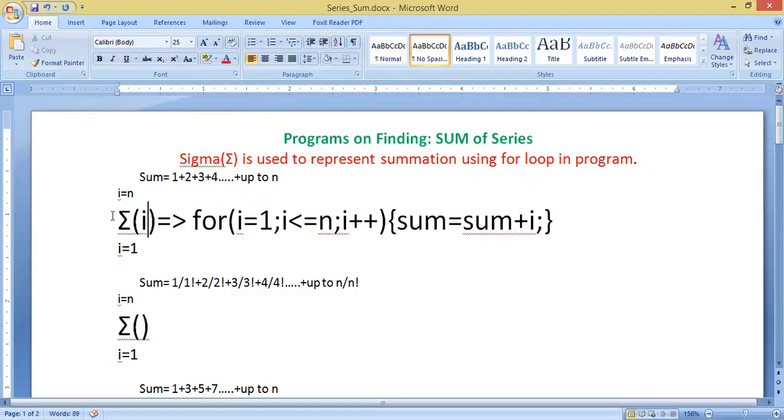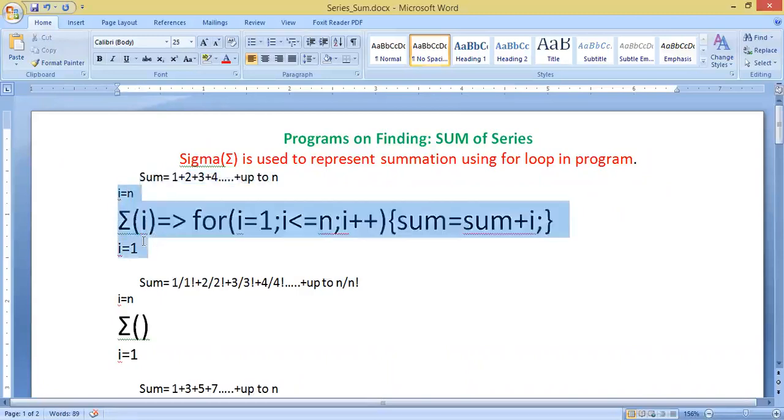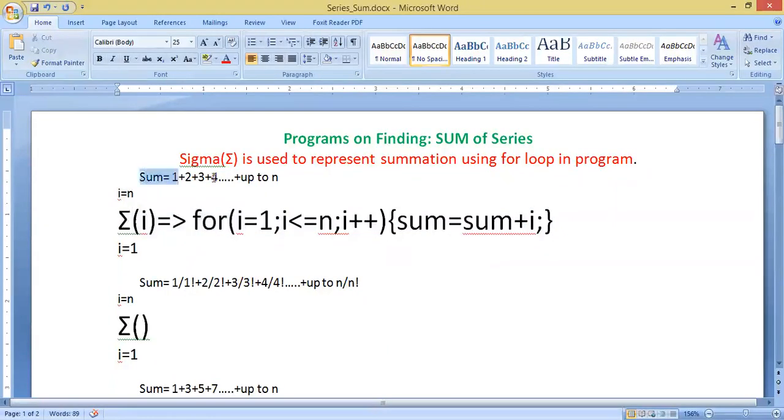Anybody has any doubt, anything you are not aware of, please tell me. If you are well versed, then I should move ahead. Can we convert this into this sigma representation? Is that okay? Then sigma can be converted to a for loop. If you are clear about this, that the summation will be converted using this sigma.